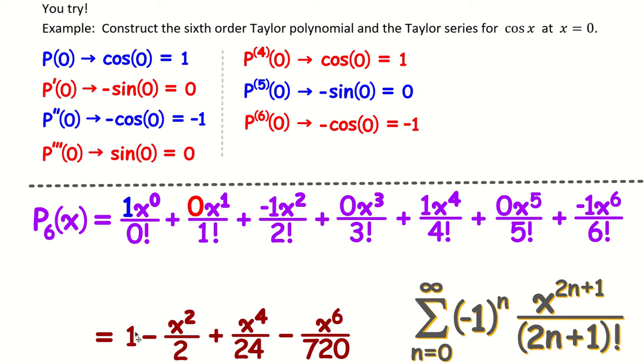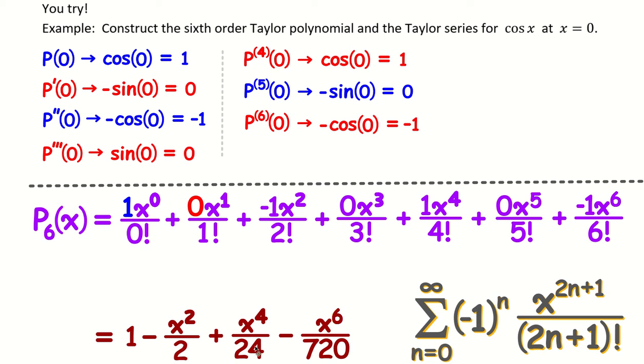Like this term of 1, you've got to remember that it started off as x to the 0 all over 0 factorial. You know what I mean? So this term still has an x to some power all over something factorial, right? So this is like the 0 factorial, 2 factorial.